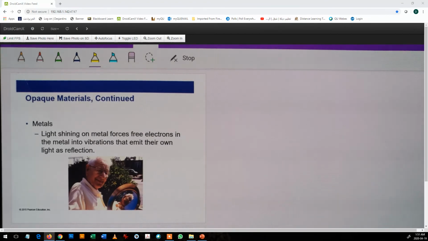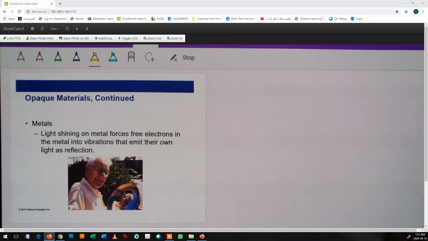Every metal has a slightly different color based on the vibration of electrons of that metal. Gold will absorb all the light, and then it will make electrons vibrate at the yellow wavelength, or the yellow frequency.